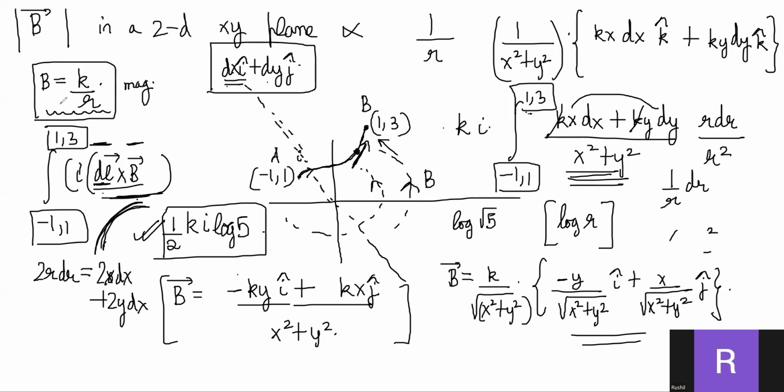I mean, you can say k by r e_theta is the field, from circular motion, and dl is just dr e_r. Do you understand what I'm saying right now?